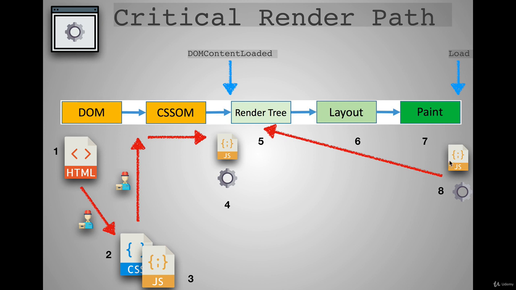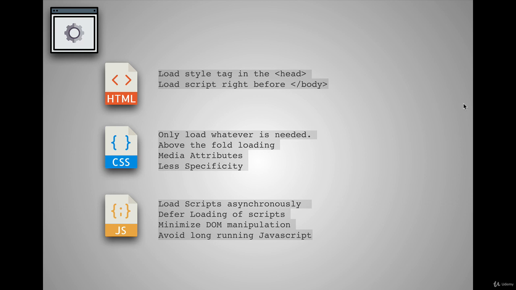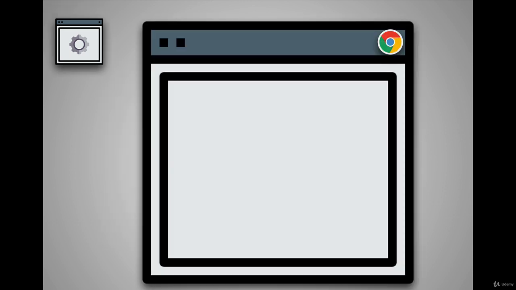Now, let's recap one more time what we've learned with the critical render path. We've learned how to optimize each one of these files in the critical render path so that our browsers can display the web page or web app as soon as possible for the user. We also should have a better understanding of this silly little animation that I made at the beginning of the section.